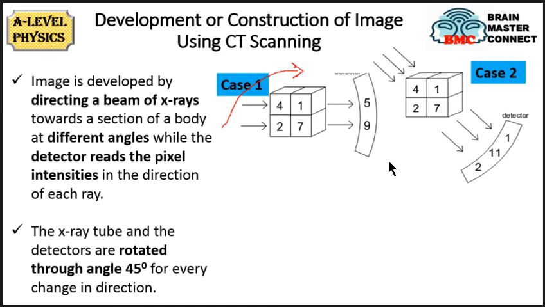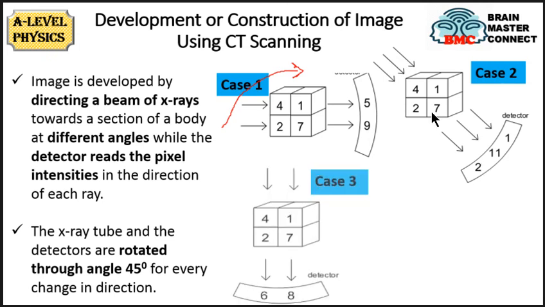So the implication here is that when the x-ray beam rotates at 45 degrees, the reading on the detector will also change. So the reading on the detector will not be the same as it was before. That is in respect to case 1, while this is case 2.